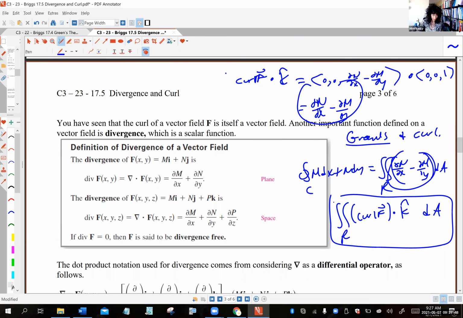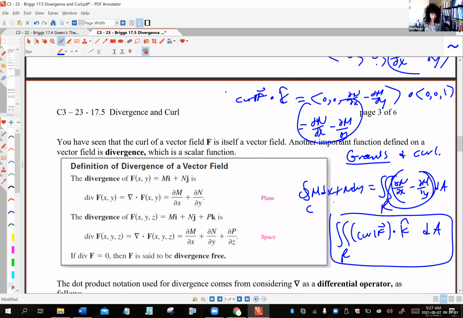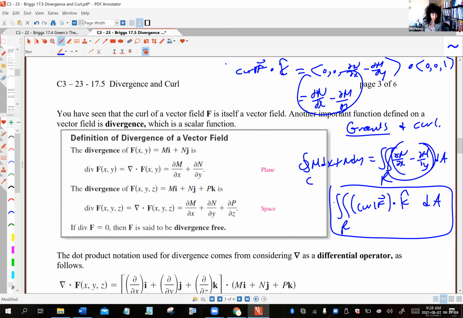Oh, interesting. So let's stop talking about curl for now and move on to divergence. That's the second half of this section, because we're talking about curl and divergence. What is divergence of a vector field? It's really easy. It's much easier to get than curl. Good news. So 2D divergence, div for short, is the dot product of the differential operator, that's that hollow vector, with your vector field.